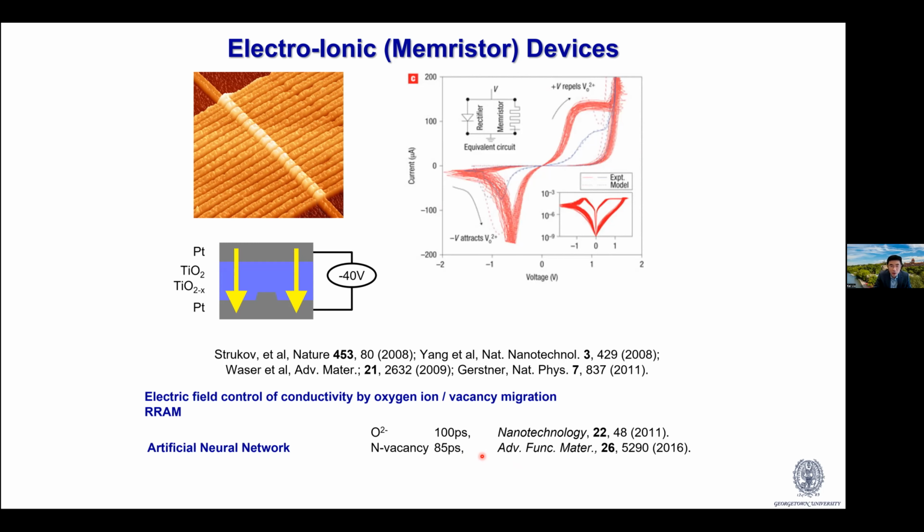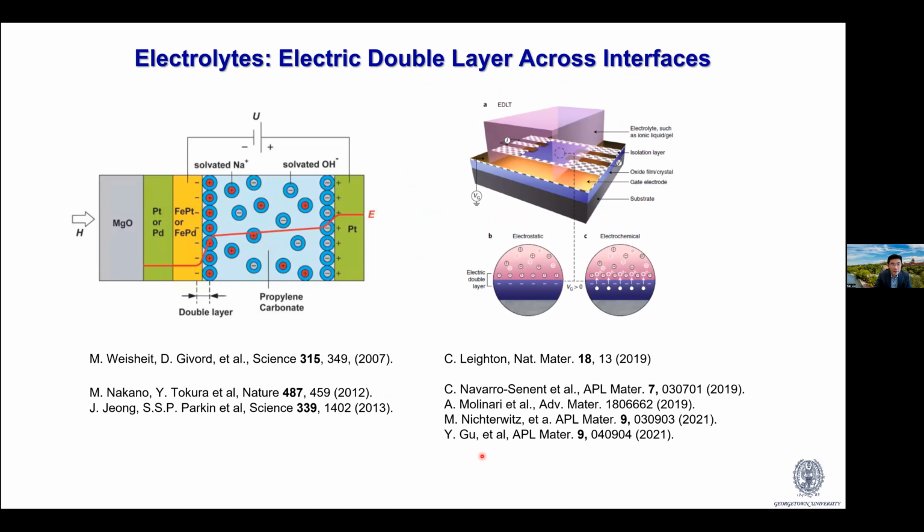The magnetic version of ionic effects are best highlighted by this seminal work from Dominique Givord's group. And they showed in 2007 that using electrolyte and the electric field, you will electrostatically drive a layer of charge on the exterior surface of the material. And this in turn induces another layer of the opposite charge along the interior surface.